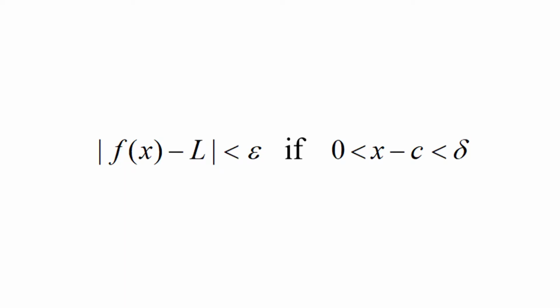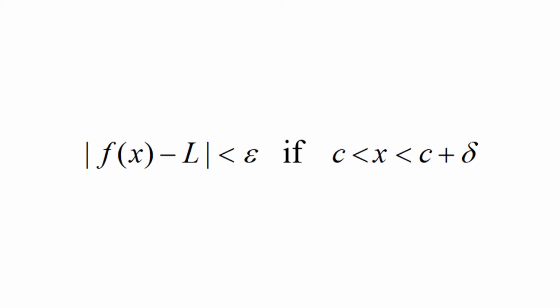Then we say f(x) has right-hand limit L at c and write the limit of f(x) as x approaches c from the right is L, if for every number epsilon > 0, there exists a corresponding number delta > 0 such that |f(x) - L| < epsilon if 0 < x - c < delta.